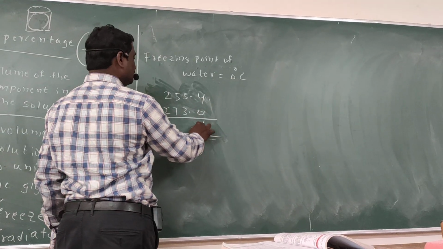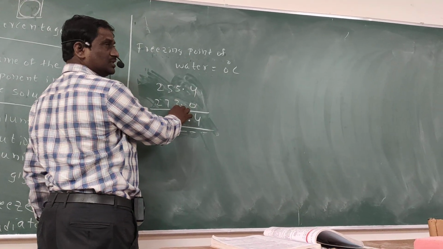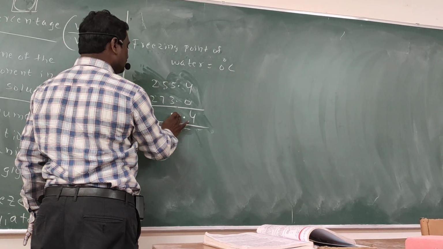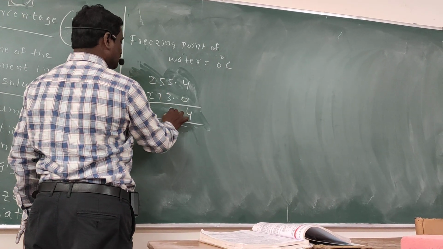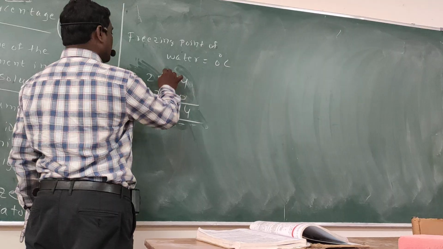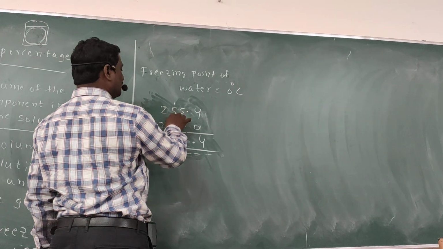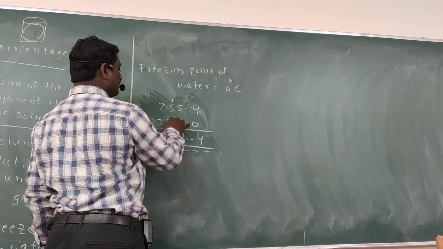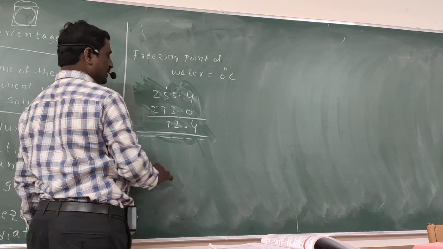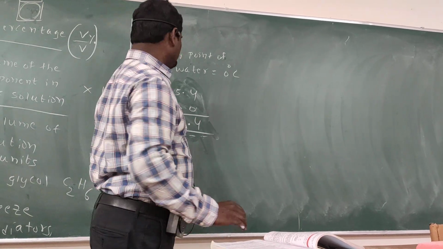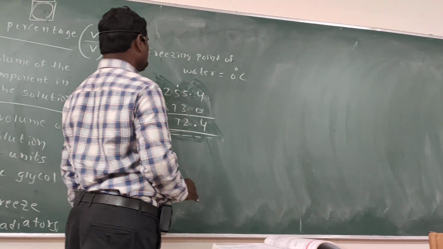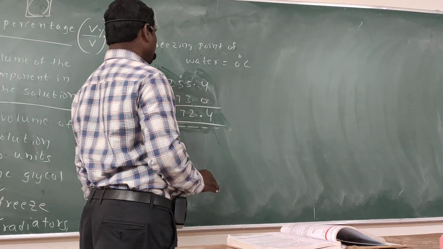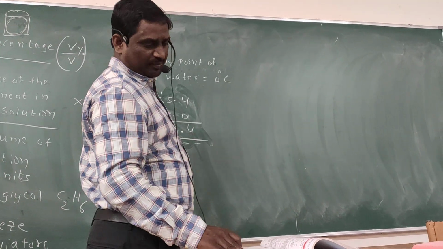So 15 minus 3 is 12. Again here 14 minus 7 is 4. So you get the value, minus 17.6.